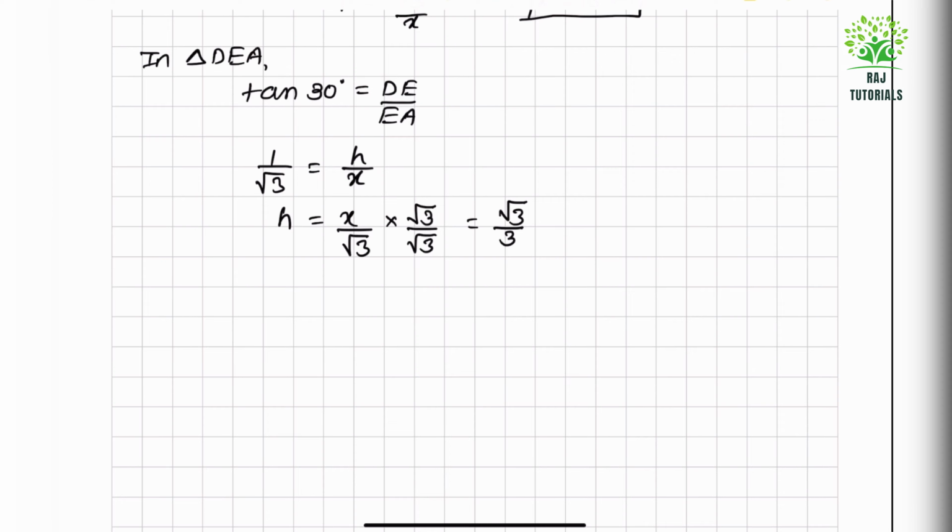Rationalizing, root 3 by 3. So X is 15. So 15 root 3 by 3, which is equal to 5 root 3 meter.